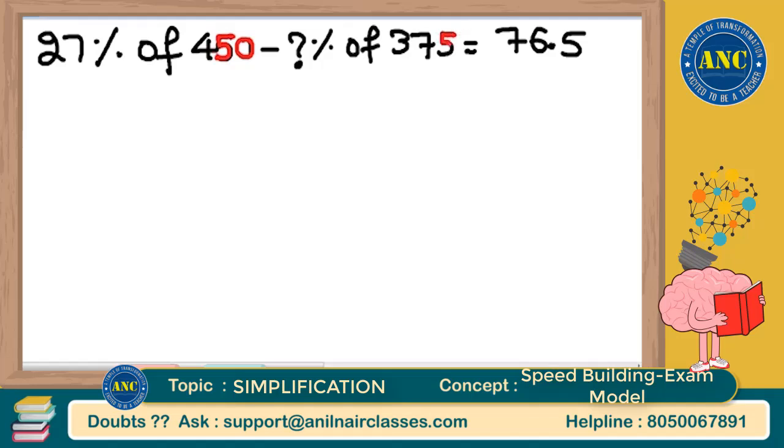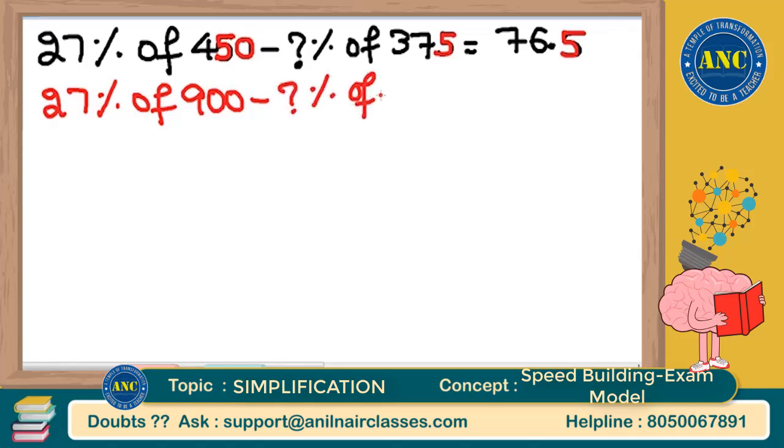This is ending with 5, and this also is ending with 5. Can I say that I will double it? If I multiply by 2 everywhere, 27% of 900 becomes question mark percentage of double of 375, which is 750, double of 76.5 is 153, right.